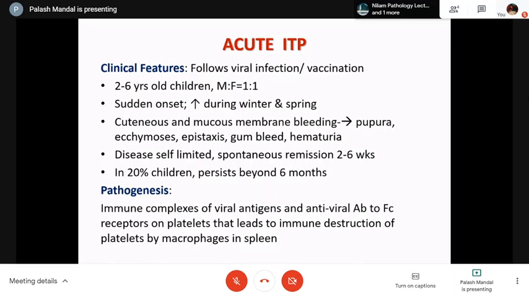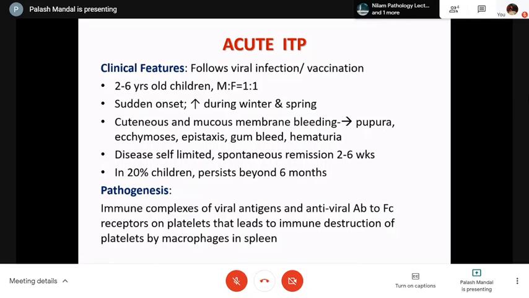There, the antibodies are not directed towards any platelet antigen. This is the difference. That's why I have gone back to the previous slide: there, the antibodies are not directed to any antigens of platelets. Some viral antigens are floating inside the blood, and the body has produced antibodies against them, because these usually happen after some viral infection or vaccination.